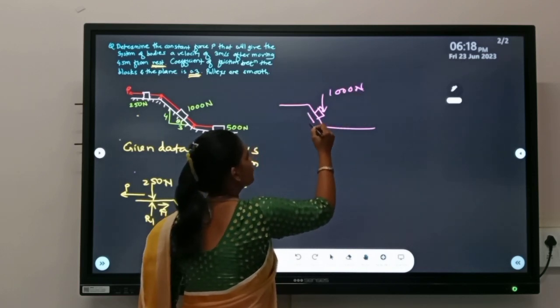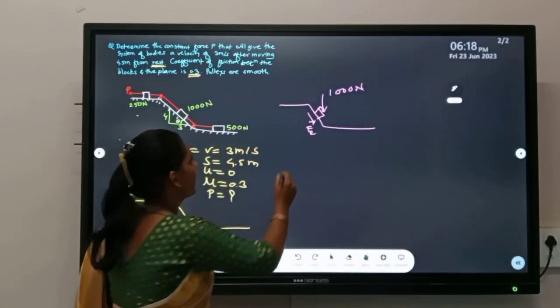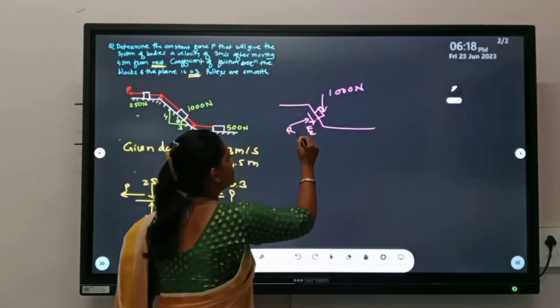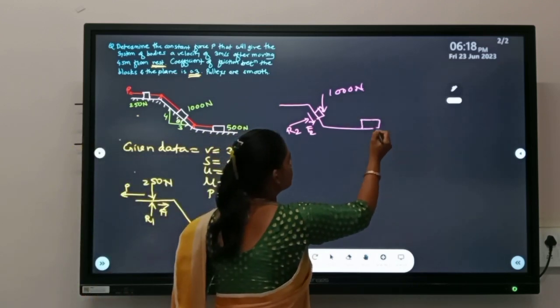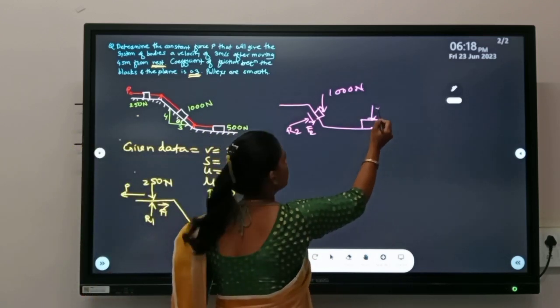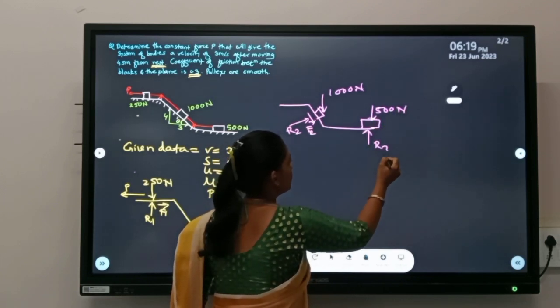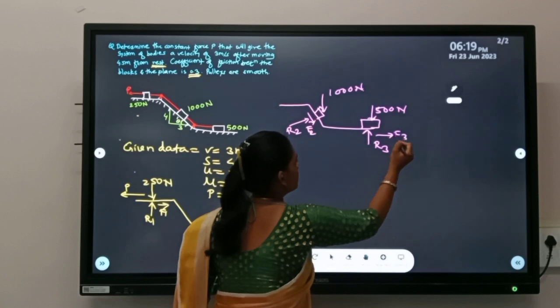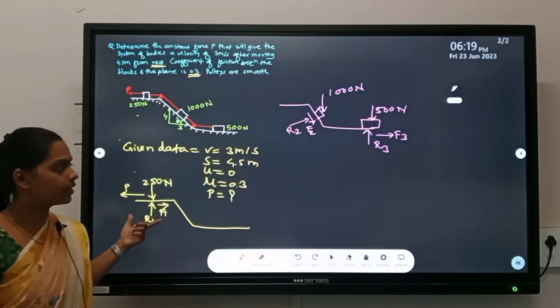The frictional force will obviously be opposite to the motion of the body, and this is reaction R2. And for block number 3, what will be the FBD? This is a block, self weight of the body is acting vertically downward, 500 Newton, reaction R3 and frictional force F3.